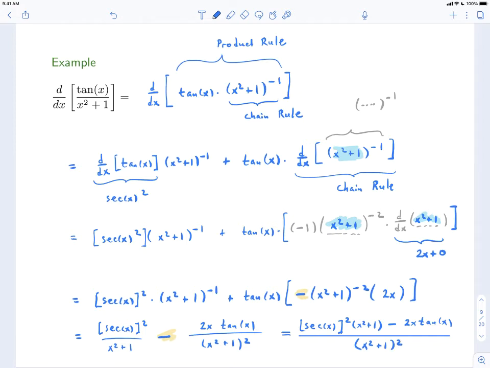And notice what we now have. We have the derivative of the top times the bottom minus the top times the derivative of the bottom divided by the bottom squared. So this is exactly the same result that you would get using the quotient rule.